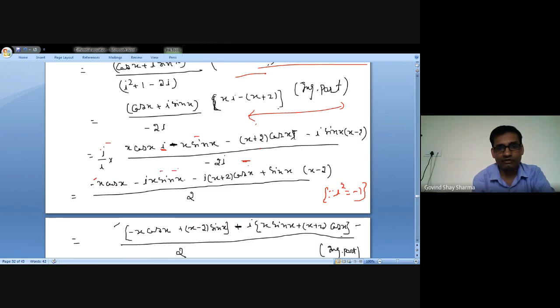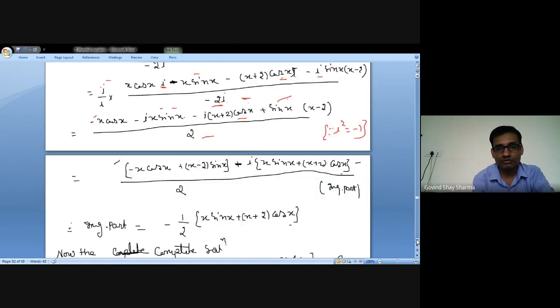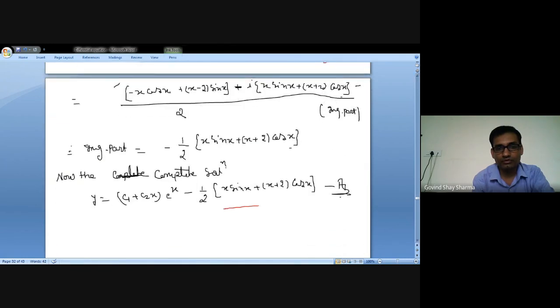So iota x sin x, iota with x cos x minus x cos x, and this minus iota becomes, in the denominator, iota square becomes plus. So this is called the complete solution of the question. Now I take another example.